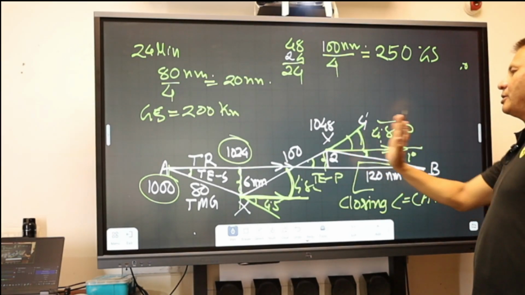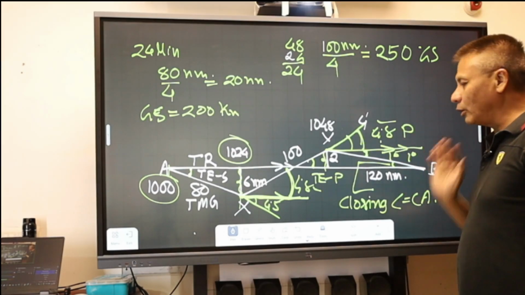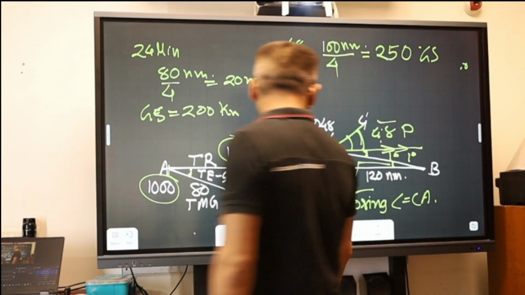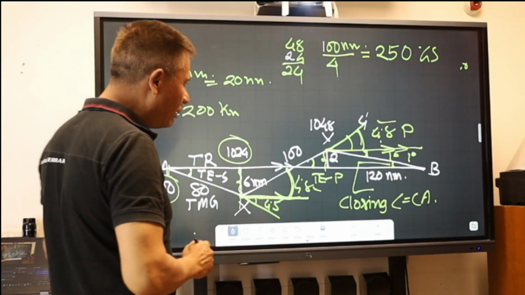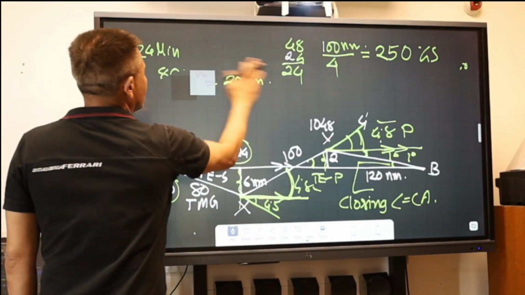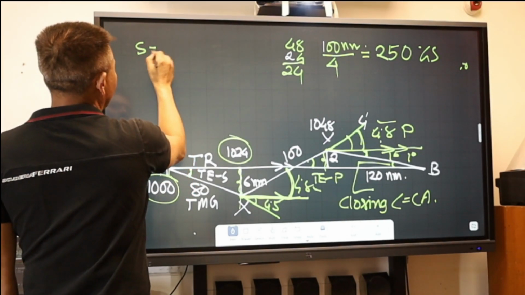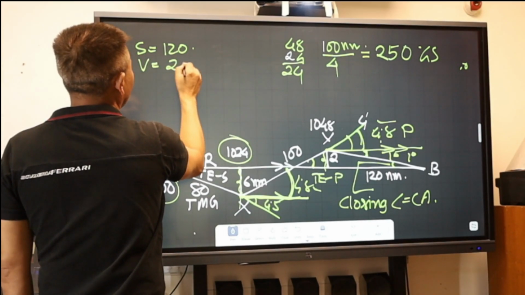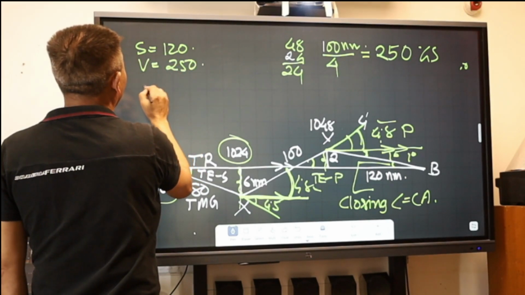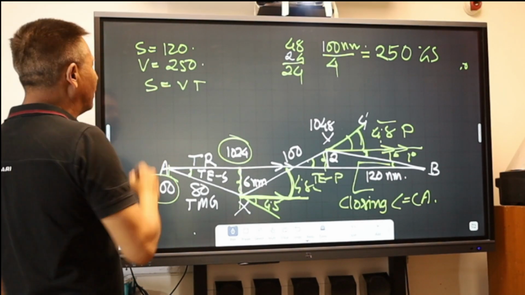Since this is the latest ground speed which I can compute, I will use the same ground speed in order to find the time to point Bravo, which is 120 nautical miles away. So now the distance S is equal to 120, velocity V is equal to 250. So time is equal to, using the formula S is equal to VT, we can find out the time.